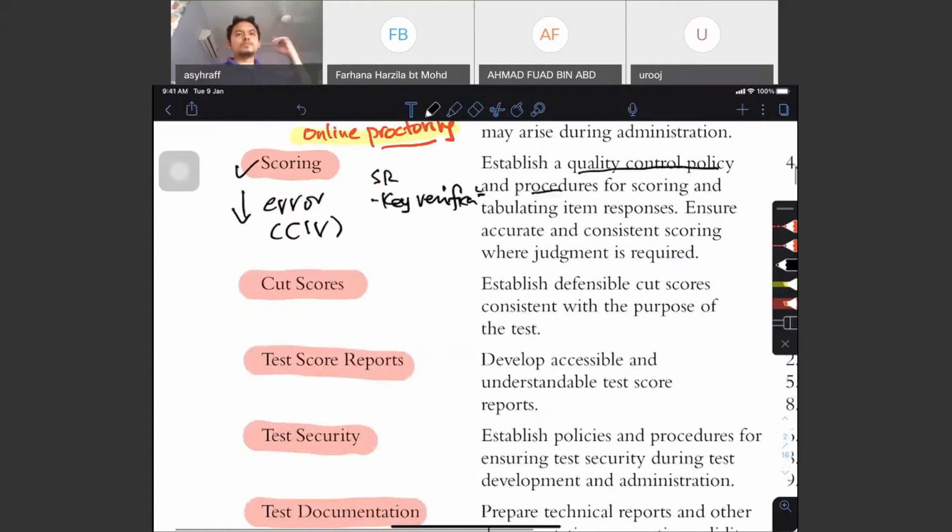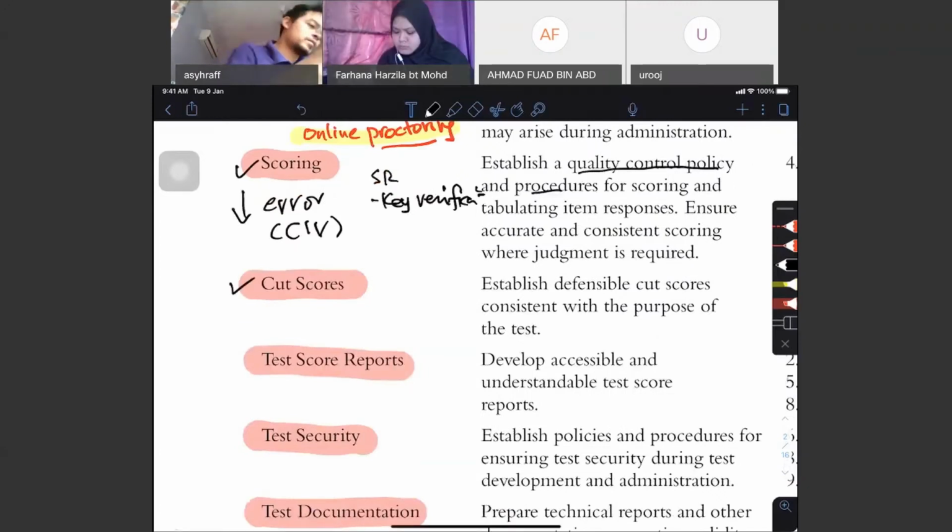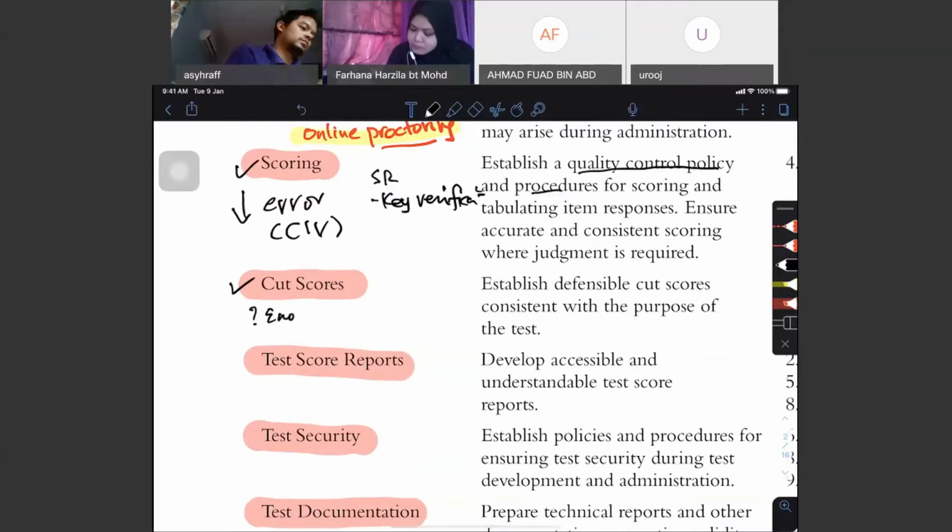And cut scores. So now we have administered the exam. We have got the marks. The question is, how much is enough? What is the percentage of the mark that we can say they are competent? All right. So who determines that?